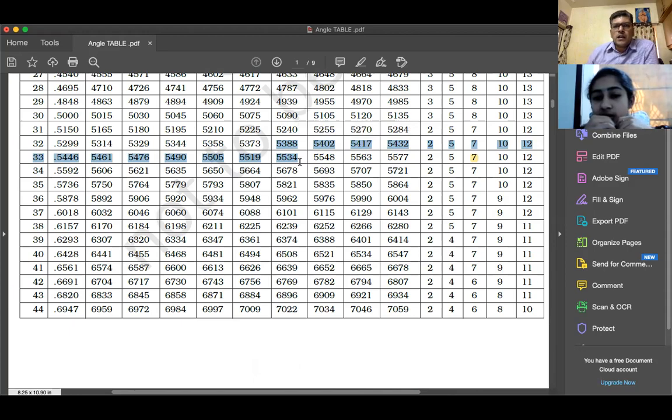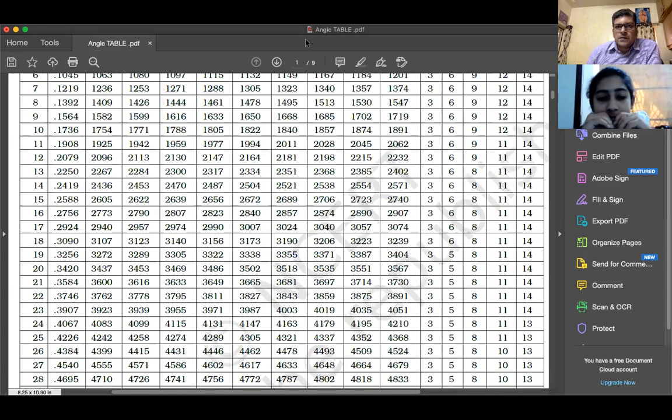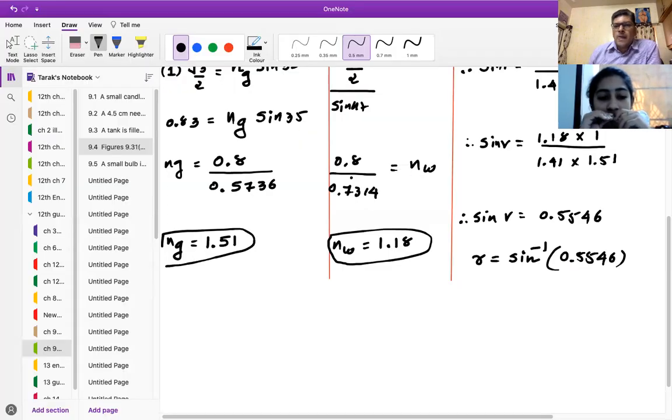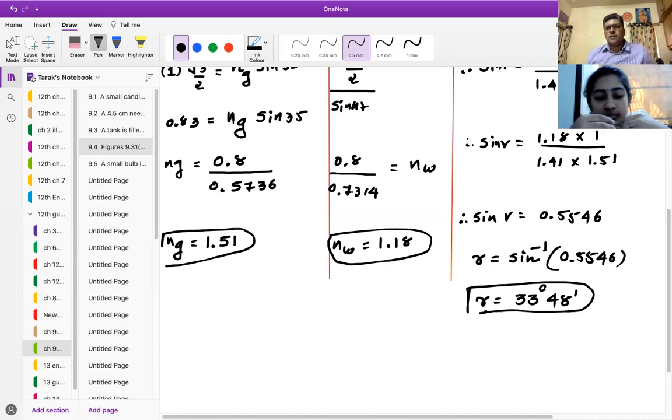So it would be 33 degrees and 48 minutes. So we'll have r equals 33 degrees and 48 minutes. So this is the example.